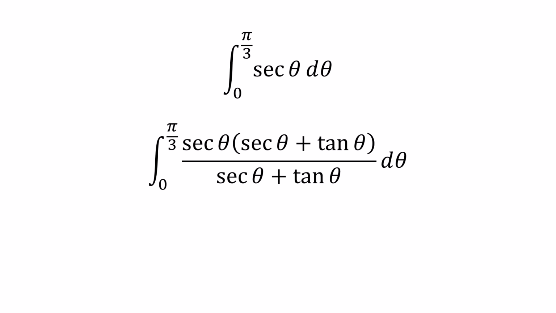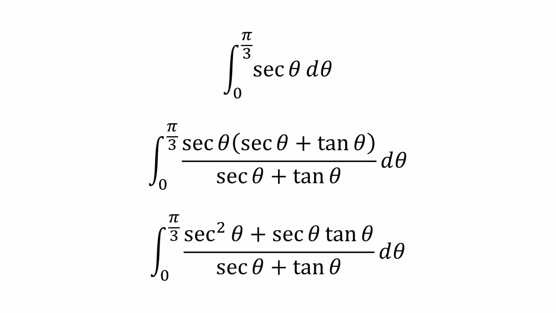Distributing the secant then gives the integral from 0 to pi over 3 of secant squared of theta plus secant of theta tangent of theta all over secant of theta plus tangent of theta d theta.